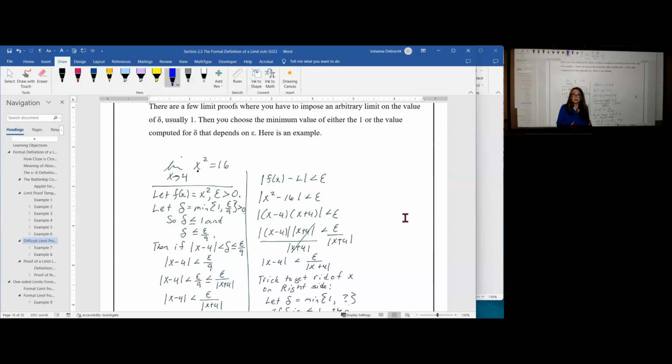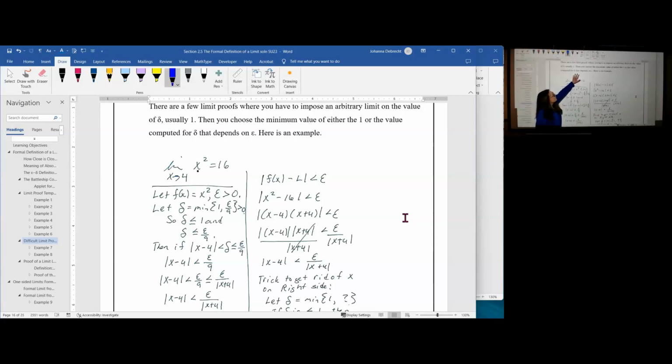I do expect that they could write the proof for any of the ones we've done previously, but 7 and 8 are rather challenging. I do think it's important that you see some of the ingenuity that went into solving these, and remember that these were not solved in an hour or a day or a week. It probably took quite some time for someone to come up with this method.